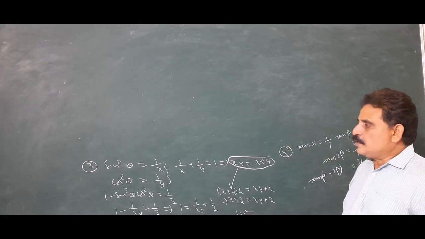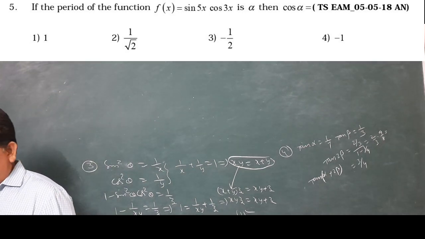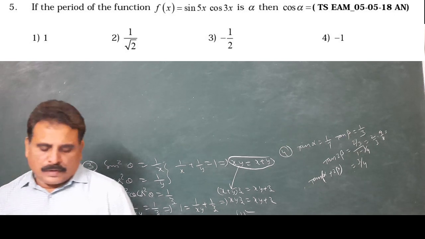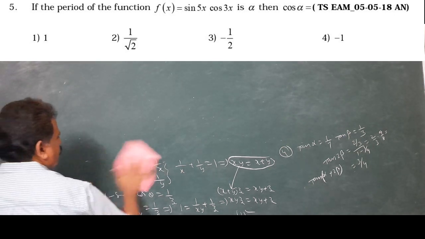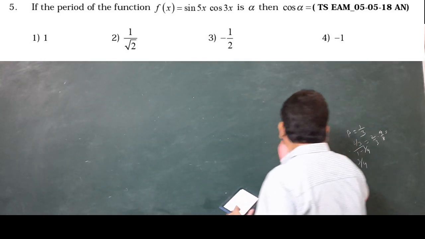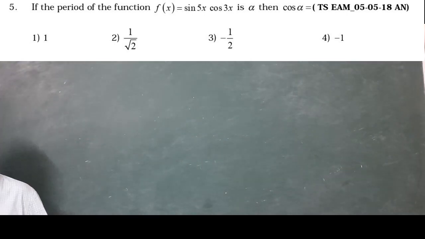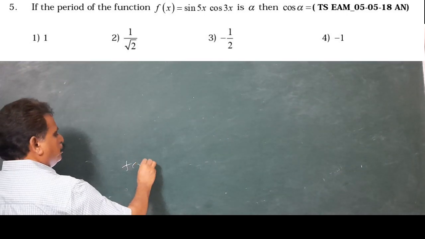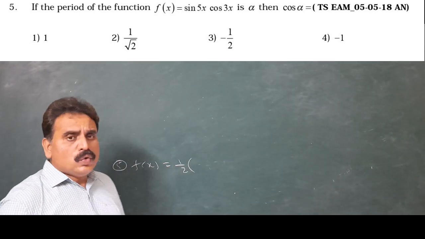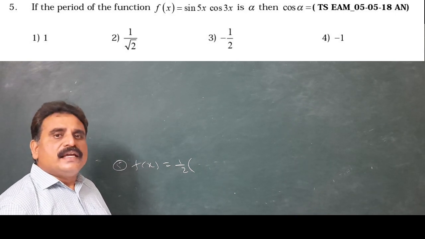Next, problem number 5. The period of the function f of x equal to sin 5x cos 3x. Here, by transformation, we can simplify that. We can write that as a sum of two functions, that is f of x equal to 1 by 2 into 2 sin a cos b, that is sin a plus b plus sin a minus b.